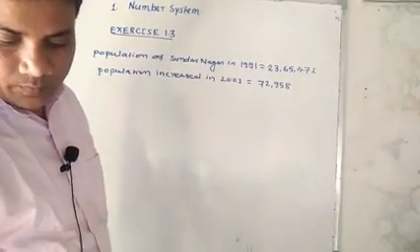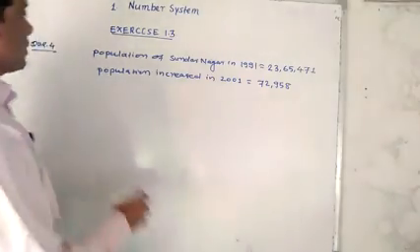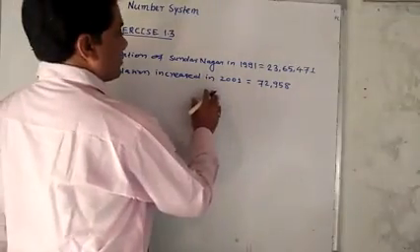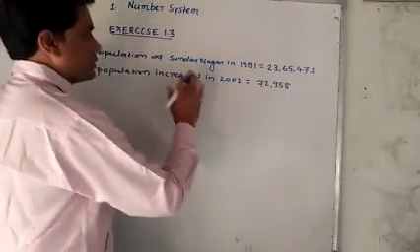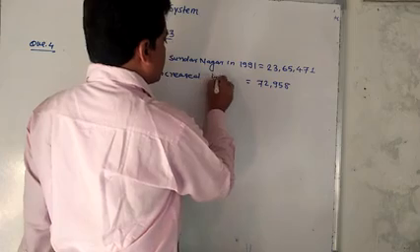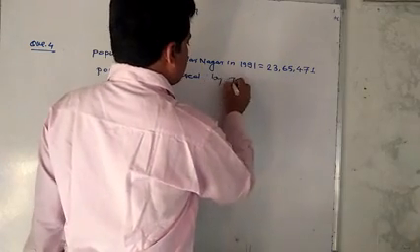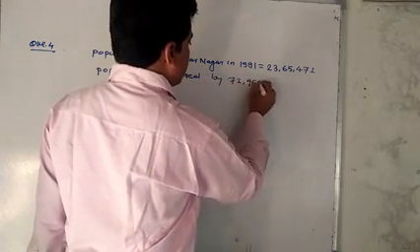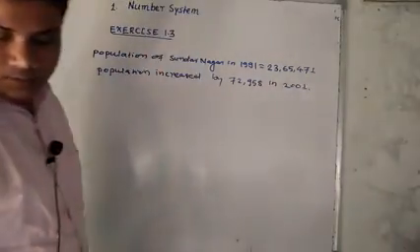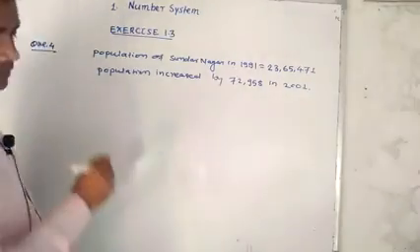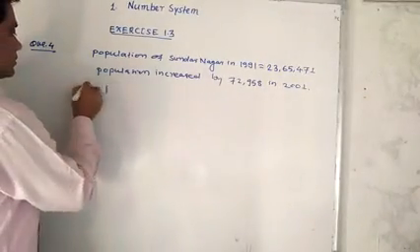So what was the population of the city? Population increased by 72,958 in 2001.